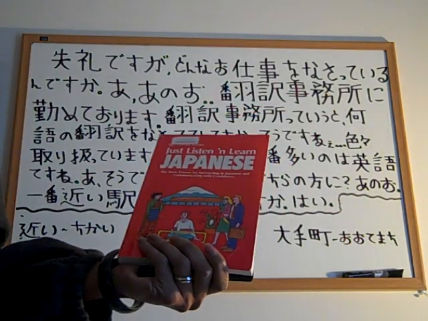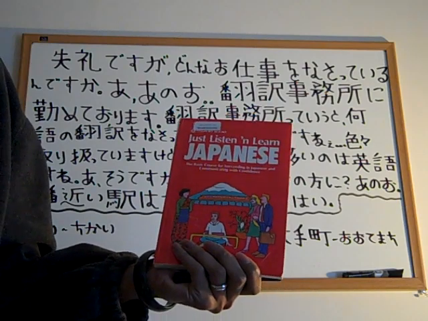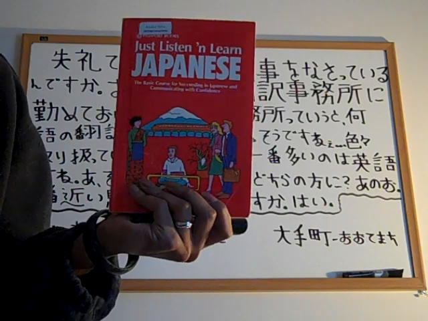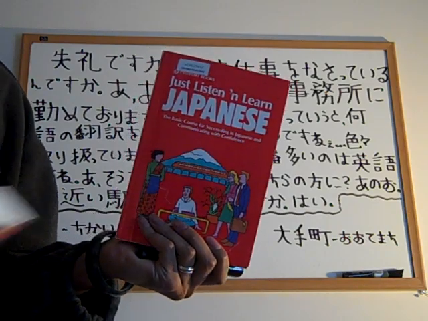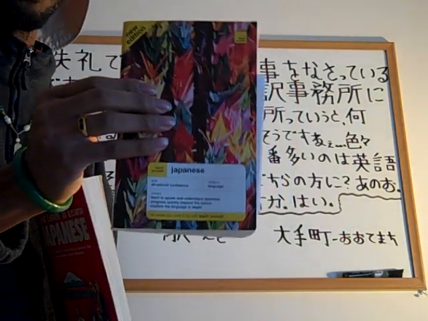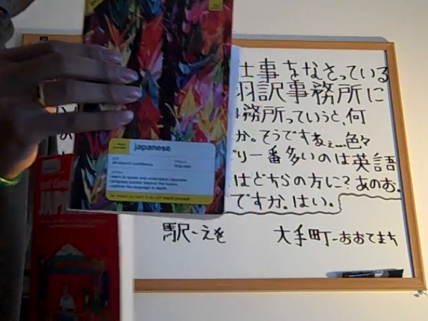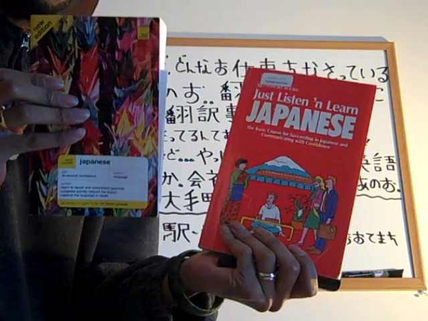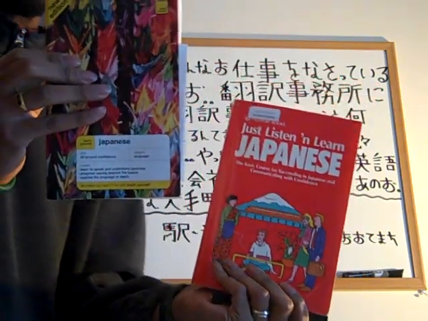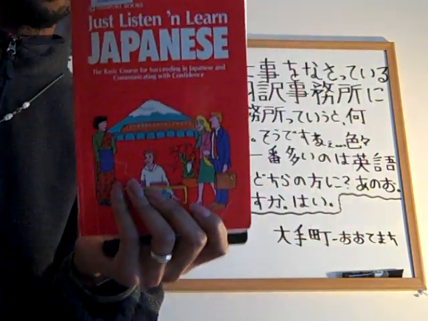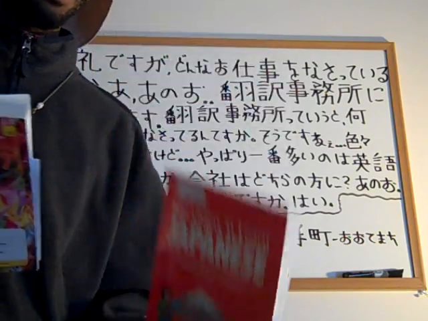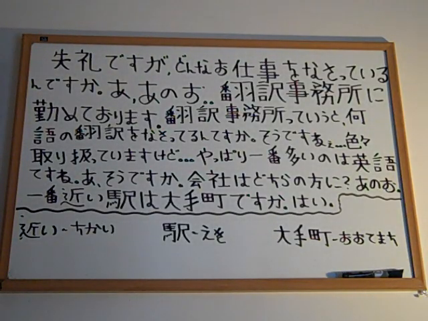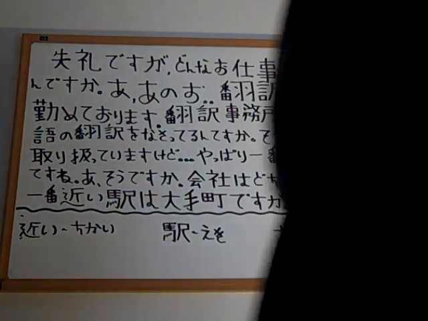I think I made a review on this book a long time ago. It's a really good book. The only thing is it doesn't use the script like the Teach Yourself Japanese. Both of these books introduce some script, but they don't use it in a dialogue, which is pretty bad. So I took a dialogue from Just Listen and Learn Japanese, and it's pretty much the same as Teach Yourself, same concept.